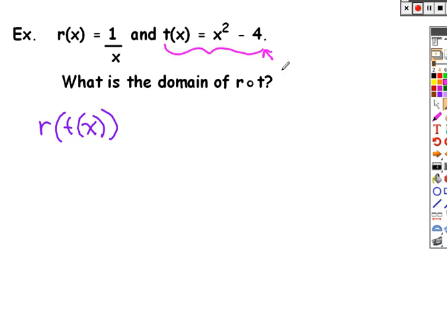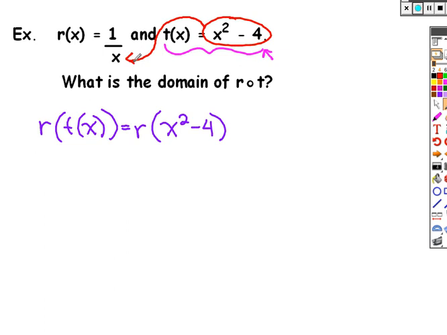If I look at plugging function t into function r, this would be like saying r of, okay, well, t of x is x squared minus 4. So I'm going to take function t, x squared minus 4, and I'm going to plug it into function r. So if I take r of x squared minus 4, I should get 1 over x squared minus 4.